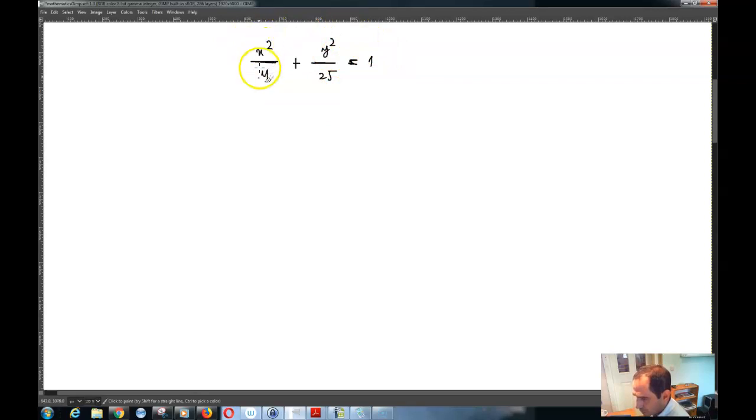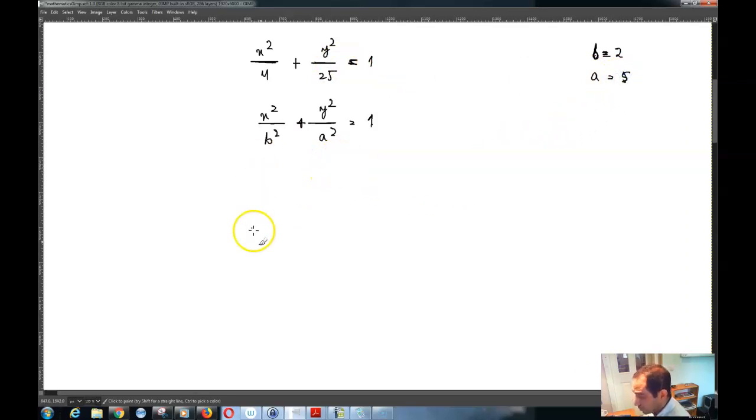Since over here the coefficient of x squared has a smaller denominator, this is b and this is a, meaning that I can write the equation of this ellipse as x squared over b squared plus y squared over a squared is equal to 1. And so b is equal to square root of 4, which is equal to 2, and a is equal to square root of 25, which is equal to 5.